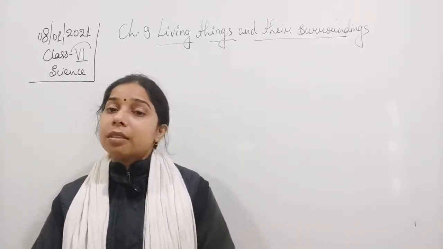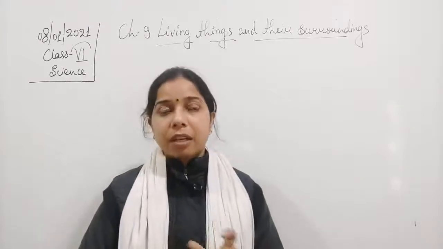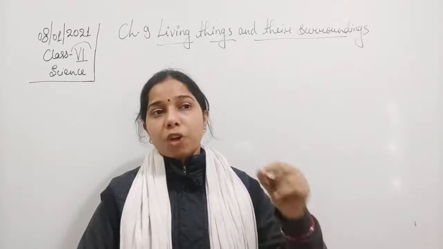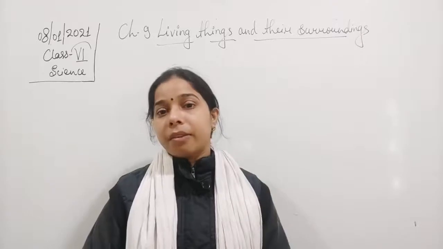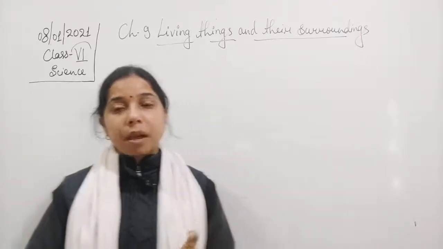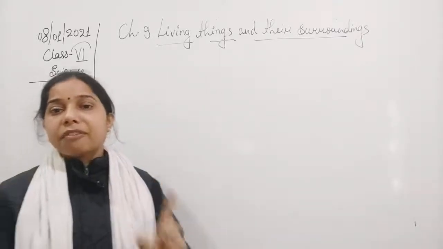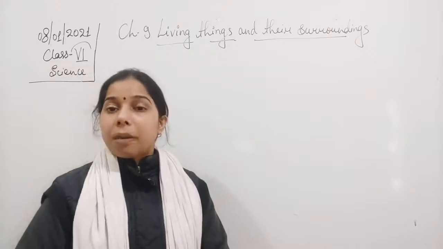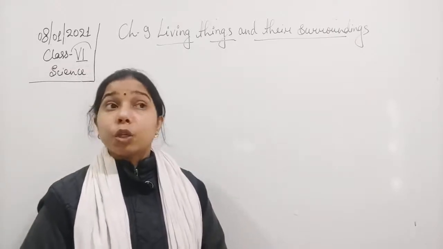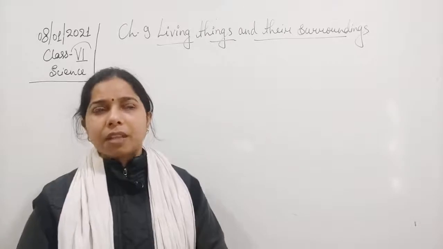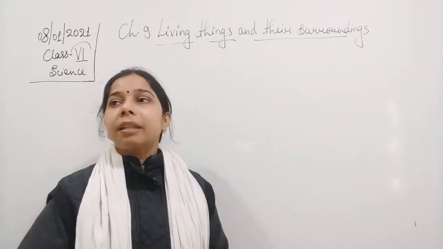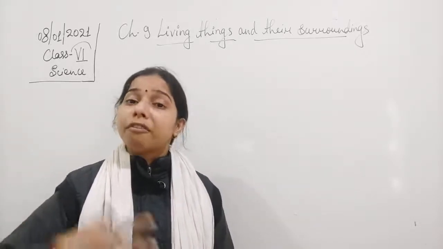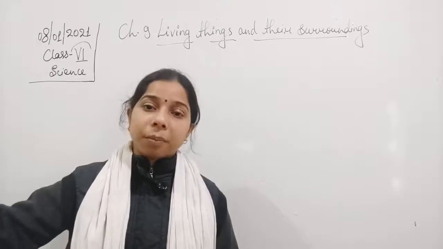Now, living things have a definite lifespan. It means the period from the birth to the death of a person is the lifespan. So they always have a definite lifespan. But non-living things do not have a definite lifespan. It means they can be there for a few hours or a few years.